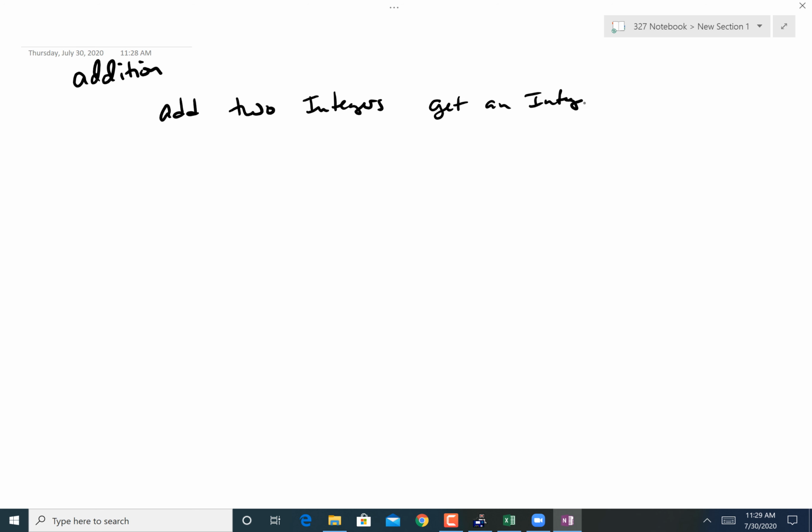The interesting part about that is that it says that the integers are closed under addition. In other words, you start with integers, you will by God end up with integers. If you take two integers, you're going to get an integer.